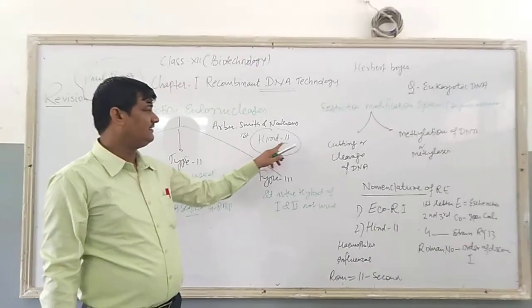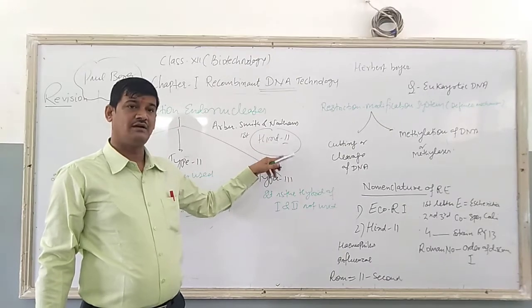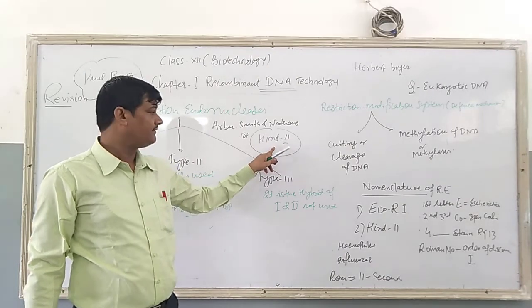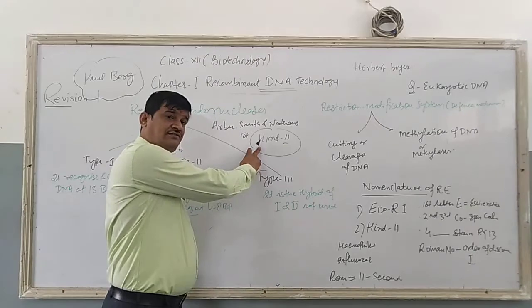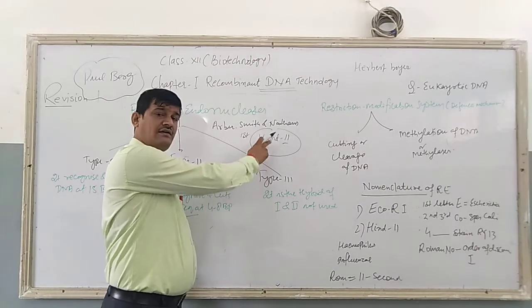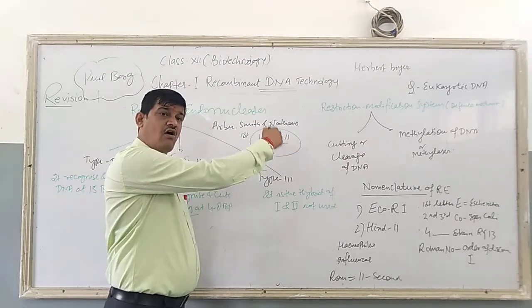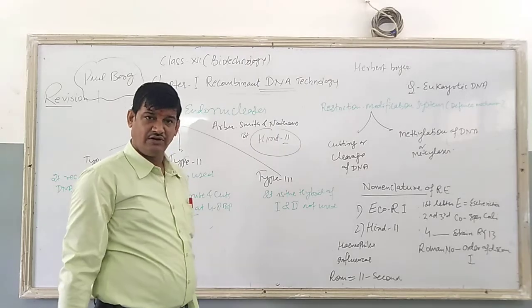HindII, that is the second. I will come to the nomenclature of restriction endonucleases. H stands for Haemophilus, I stands for influenzae, and the Roman numeral represents the order of their isolation from the organism.